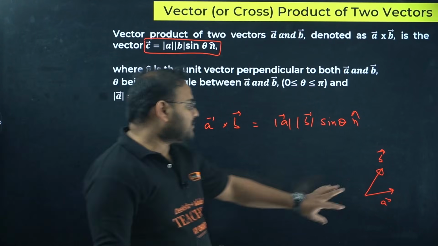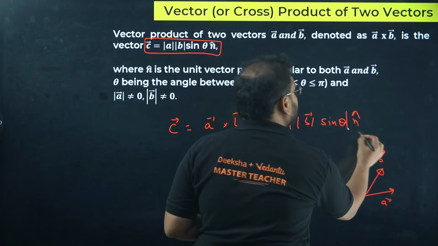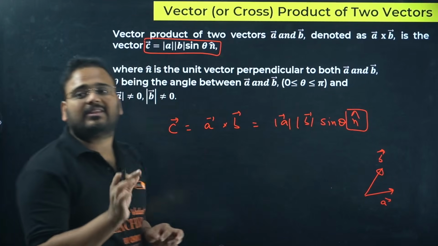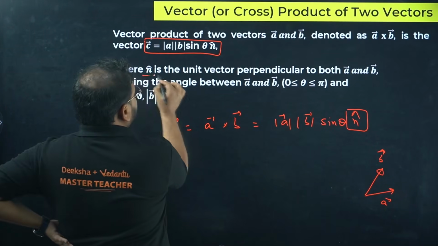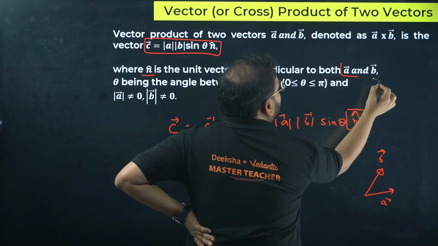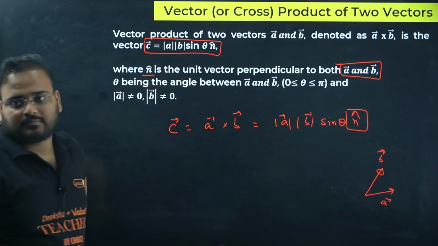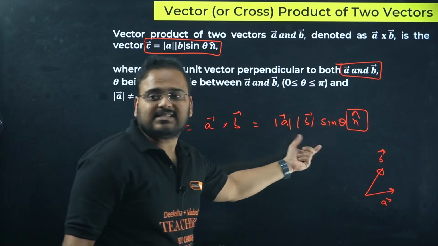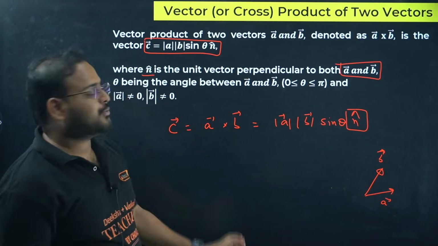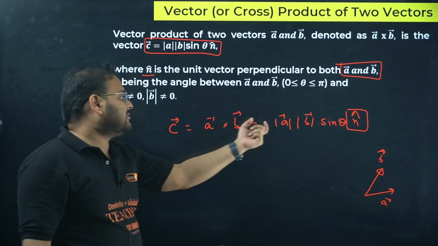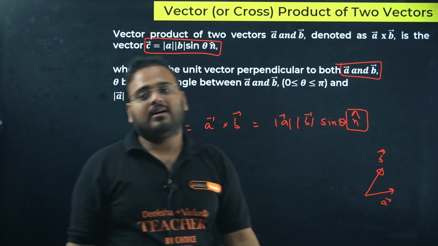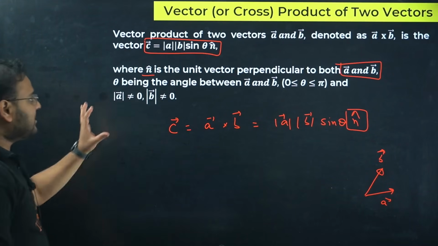So n cap represents the vector perpendicular to both the vectors A and B. N cap is the unit vector perpendicular to both vector A and B. N cap is for the direction sense and the other part is the magnitude. So A cross B is a resulting vector C, having a vector form, and that is given by mod of A mod of B sin theta n cap. Okay, this is the definition part.